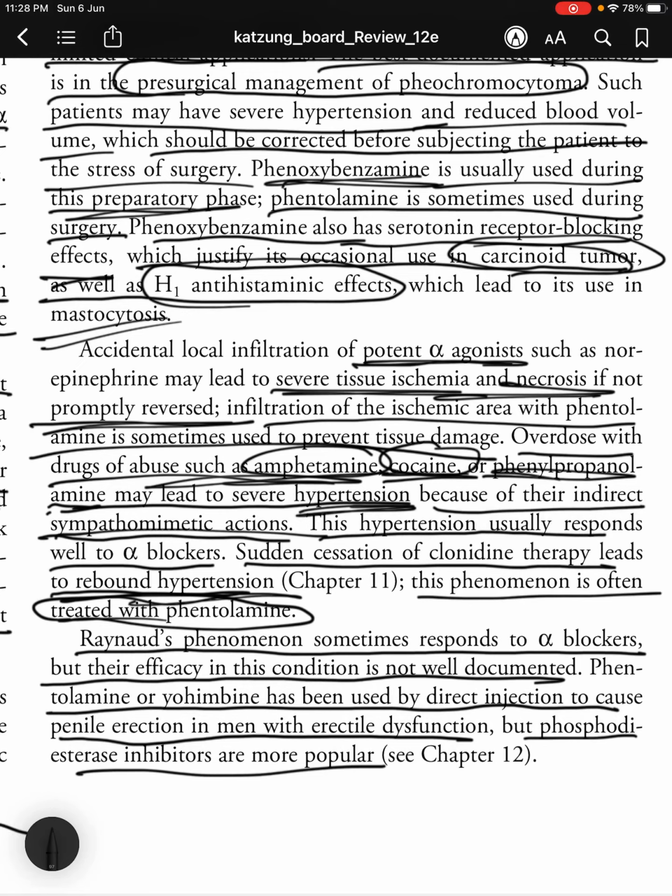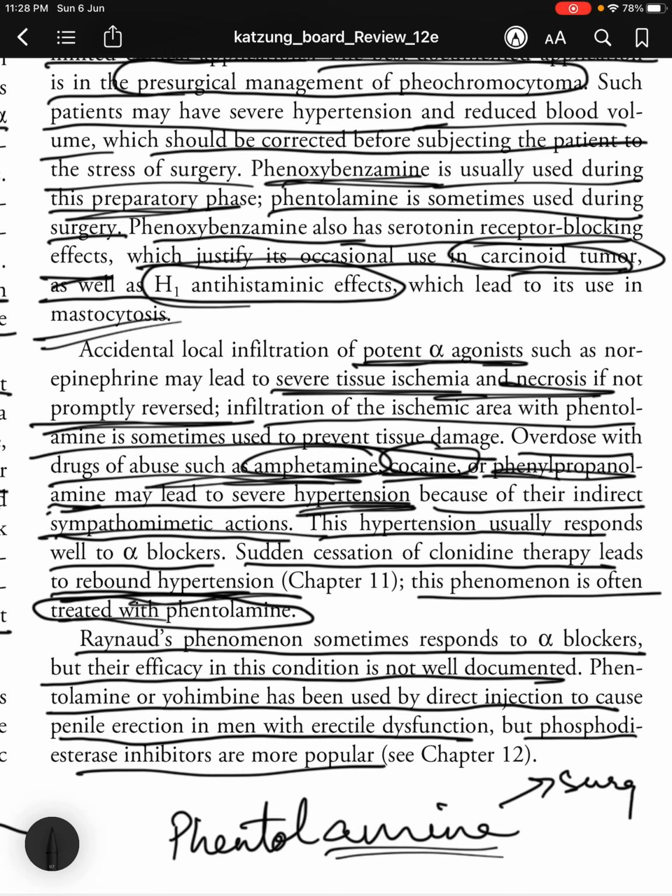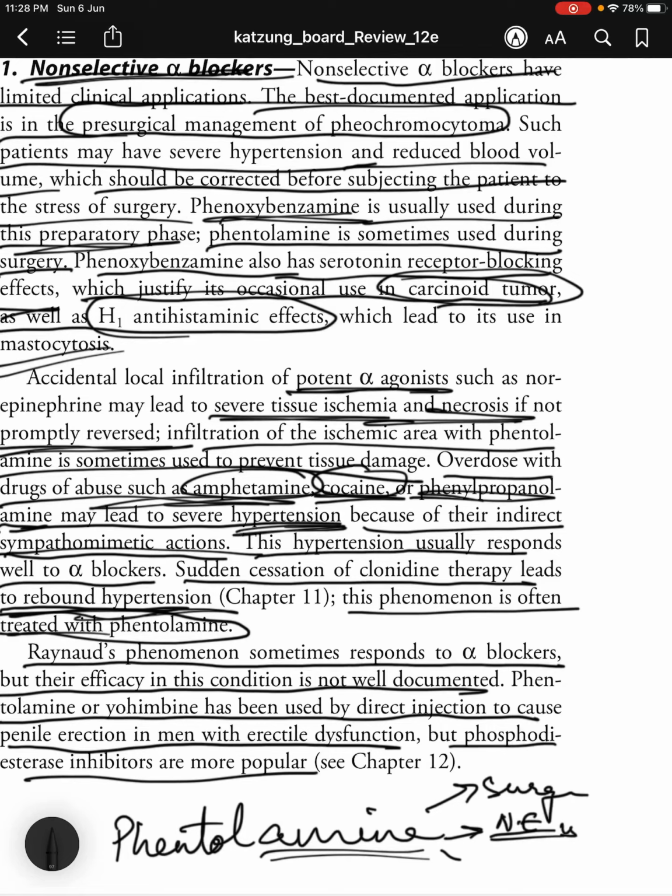Okay, so phentolamine, again, is reversible. It is used in surgery of pheochromocytoma, and it is used whenever there is excessive ischemia and local necrosis because of local norepinephrine injection.